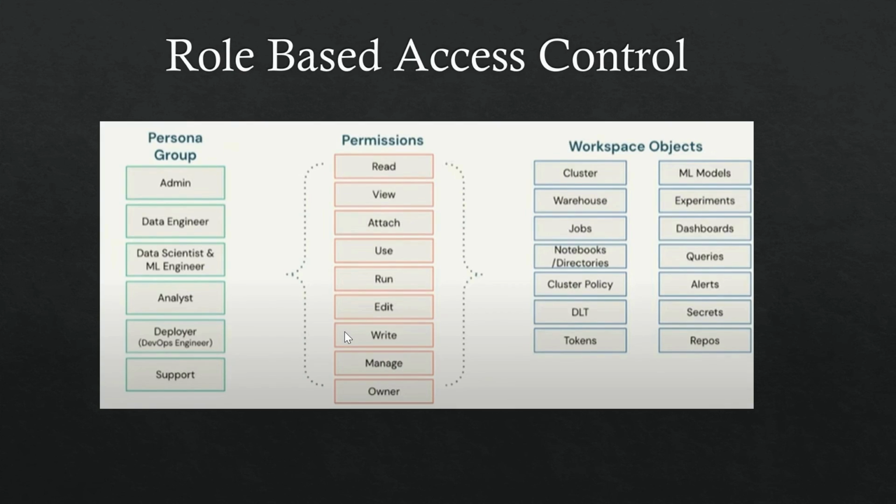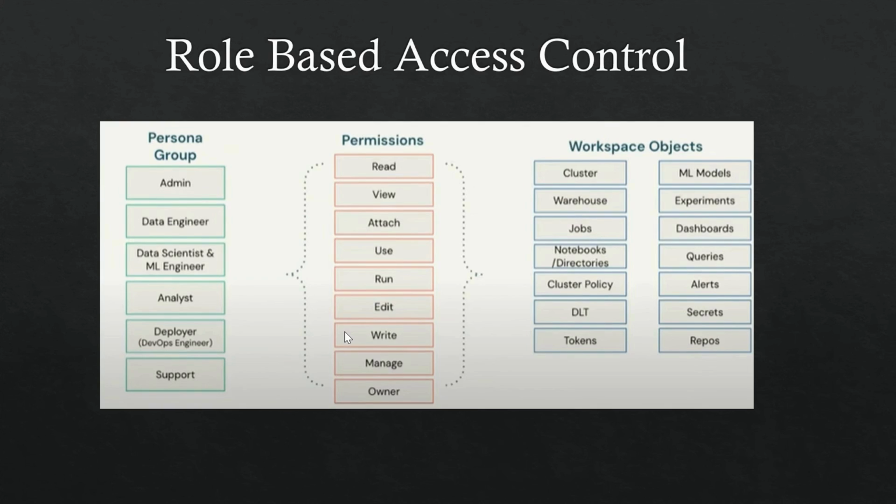In this, there are two roles basically. One is the personal level role, in which you can be an administrator, a data engineer, a data scientist, an analyst, a developer or support. Each group will have the required permission.